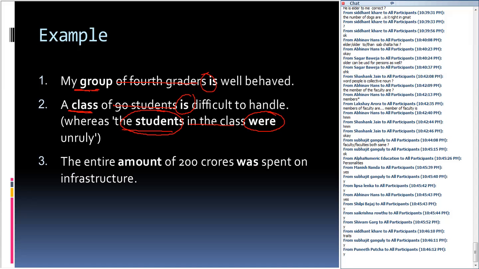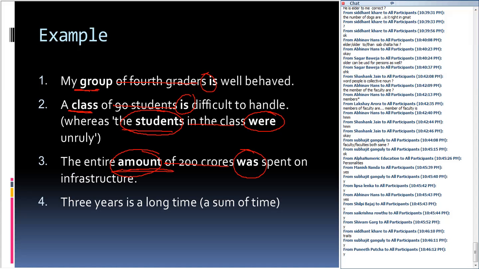Okay, the entire amount of 200 crores was spent on infrastructure. This example we have already taken a look at. Amount, ये amount 200 crores का है, that is immaterial. Amount was spent on infrastructure होना चाहिए. Okay. 3 years is a long time. 3 years is a long time.